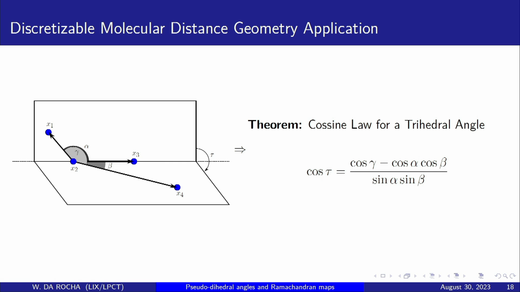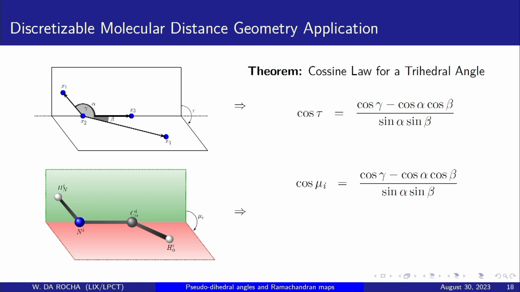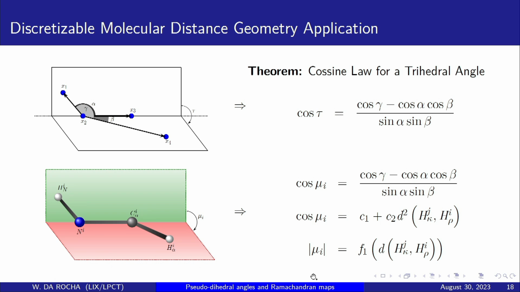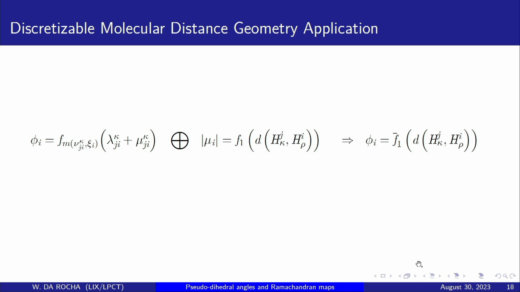This is a mathematical description. We can use it in proteins, at least for the dihedral angles that we defined. And then we can find a formula for describing the mu angle like this, based only on the distances between hydrogen atoms.